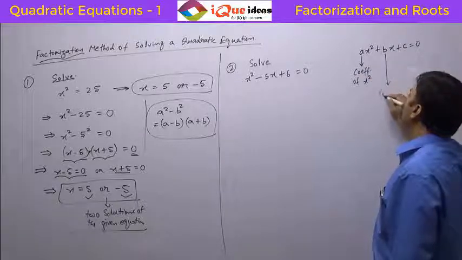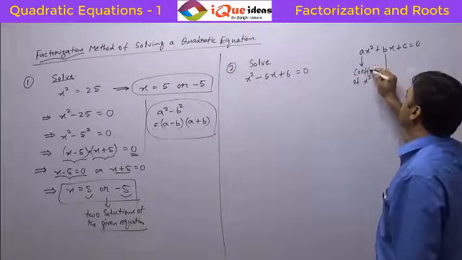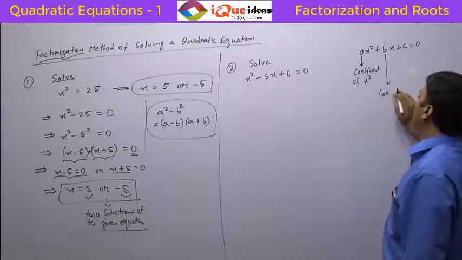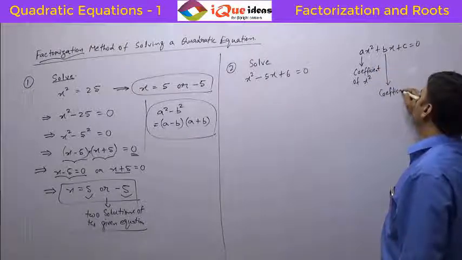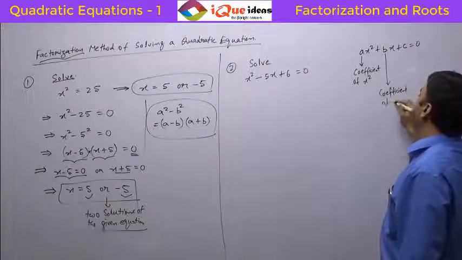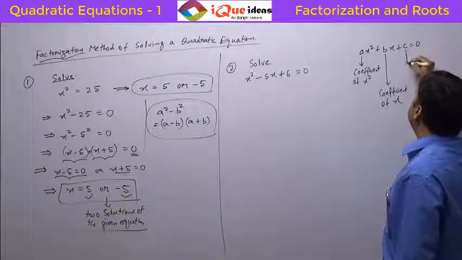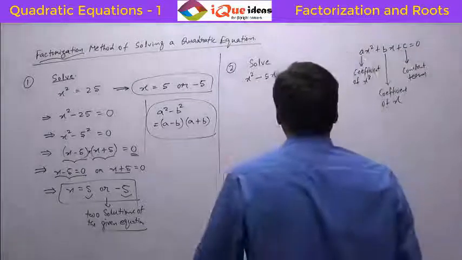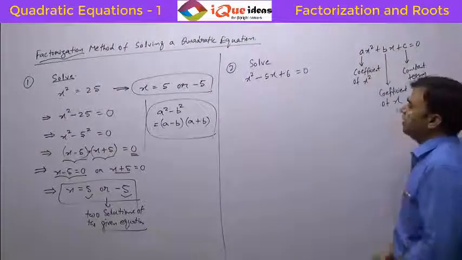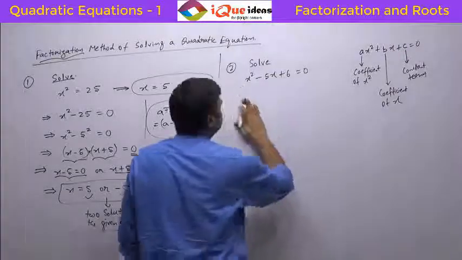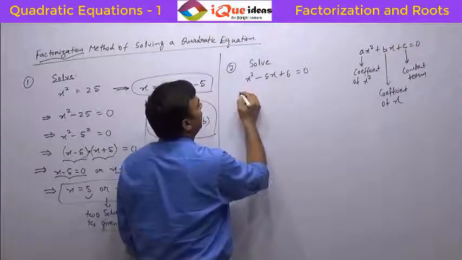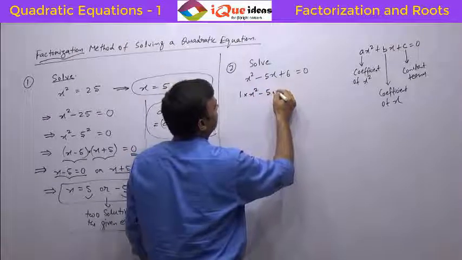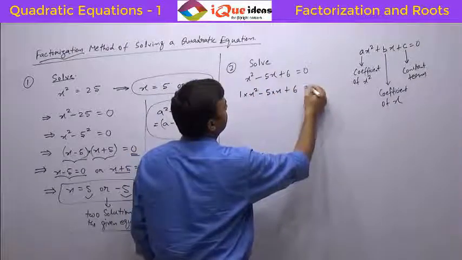This b is called the coefficient of x. This c is the constant term. Right? Now, knowing this, what we can do here is look at the coefficient of x square. Now here it is 1 into x square. Coefficient of x is 5 and the constant term is 6.